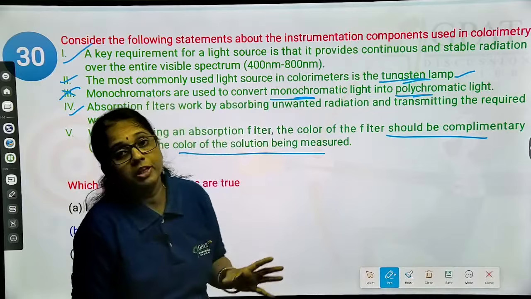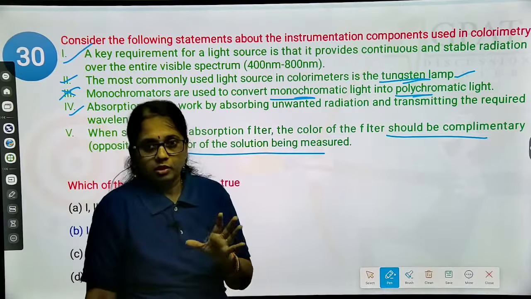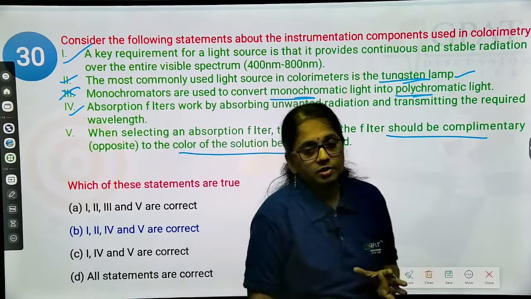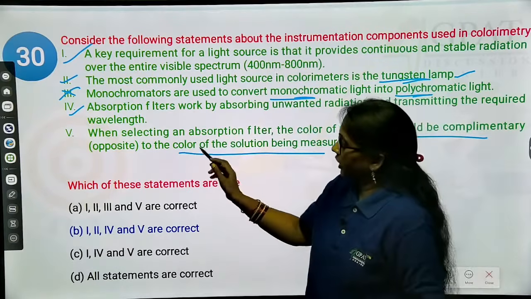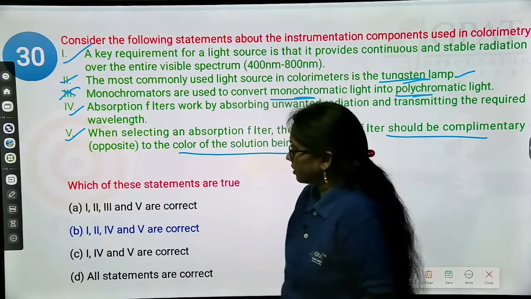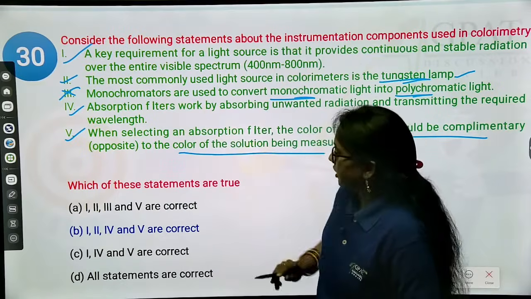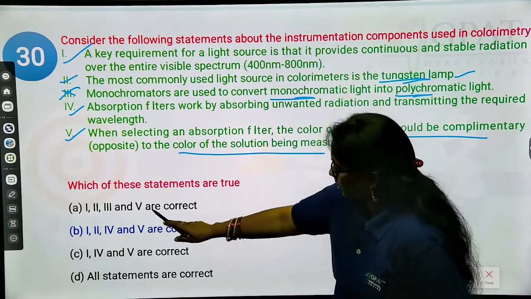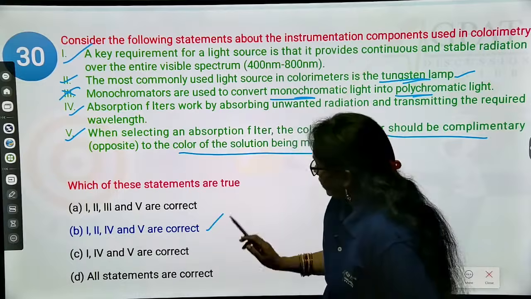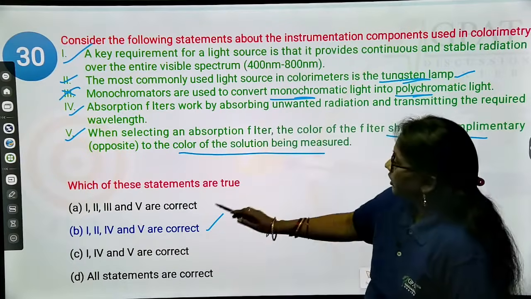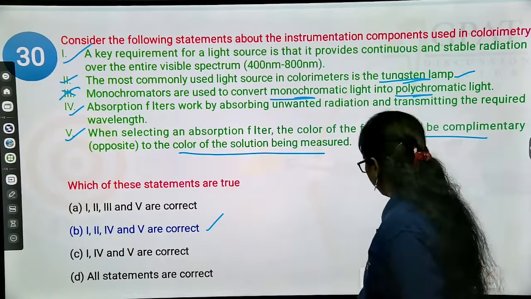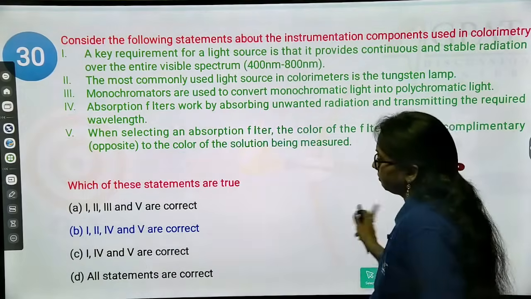In the live class also we have discussed the complementary colors, so this is also right. Only the third statement is wrong. Already it is highlighted here: 1, 2, 4 and 5 are correct, 3 is not. So option B is the right answer.